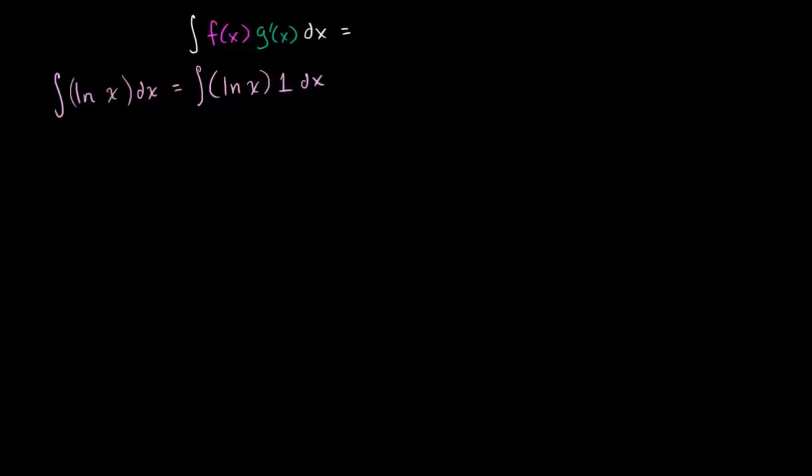This is going to be equal to the product of both functions, f of x times g of x, minus the antiderivative of, instead of having f and g prime, you're going to have f prime and g. So f prime of x times g of x dx.